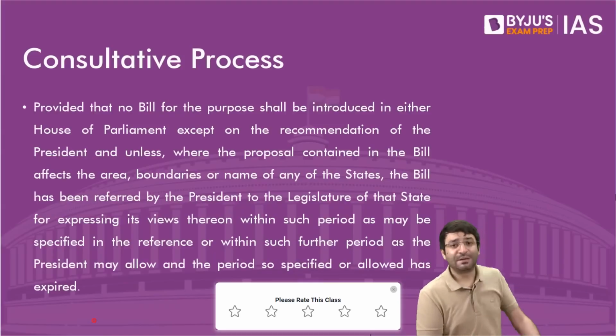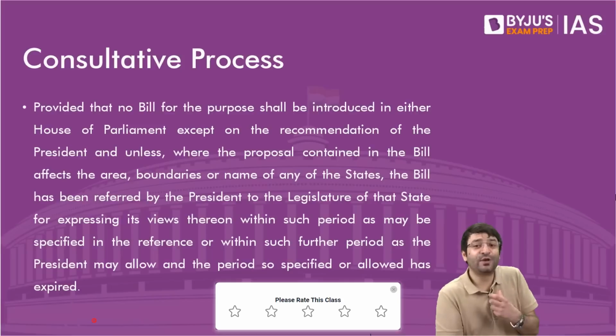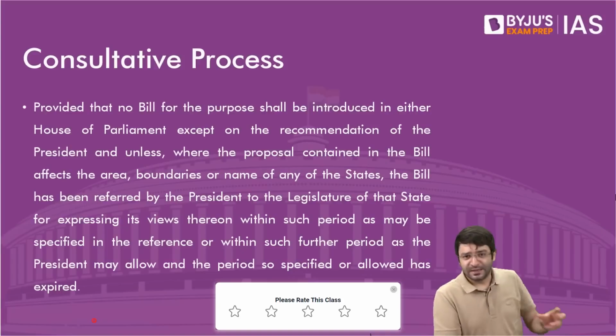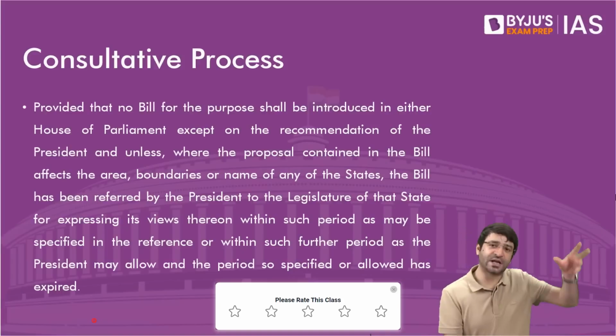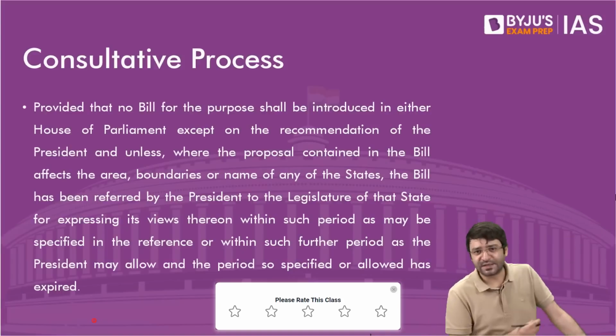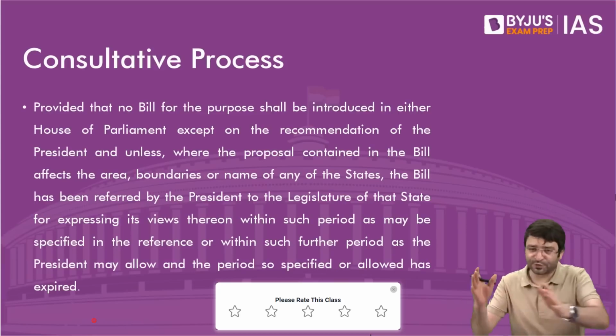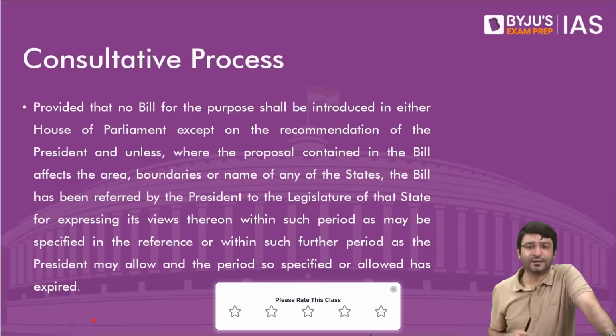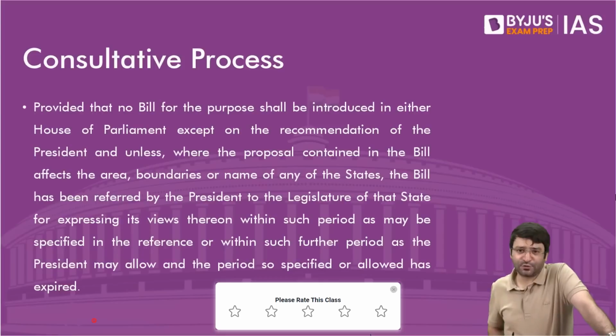Clear? But can the state change its own name? No. Because who has the power to change the name of a state? Parliament. Now this resolution will be sent to the central government. Central government will table this matter before the Parliament. Dear Parliament, West Bengal wants to change the name of its state from X to Y. Please give approval to this resolution.